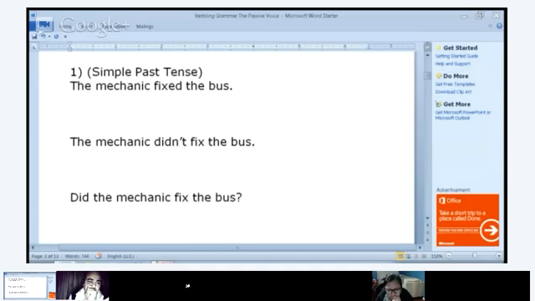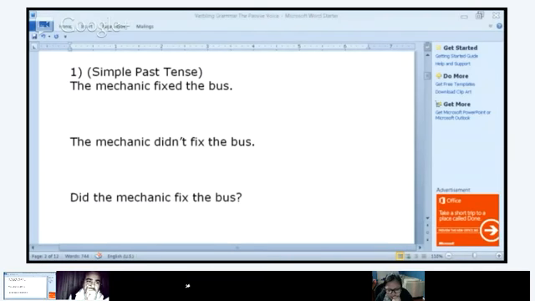Now, thank you very much for your point, can I see some of these three phrases expressed in the passive form? So, we've got some future happening. The bus will be fixed by the mechanic. What I want to try and do is to practice the simple past tense.